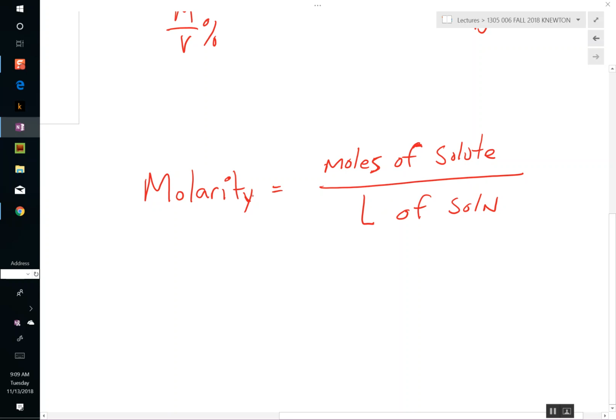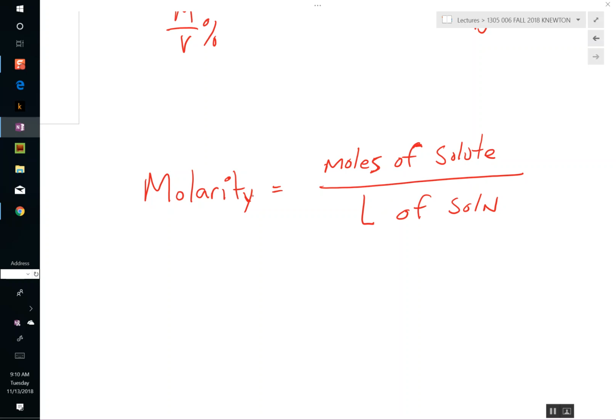So what is a solute? What is a solution? A solute is what is dissolved in the water. Well, I'm talking aqueous solutions right now. We could talk about all different kinds of solutions, but usually we are talking about things dissolved in water.